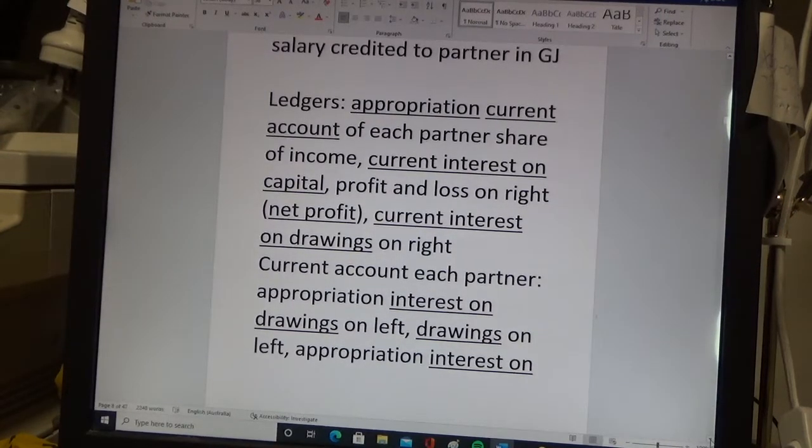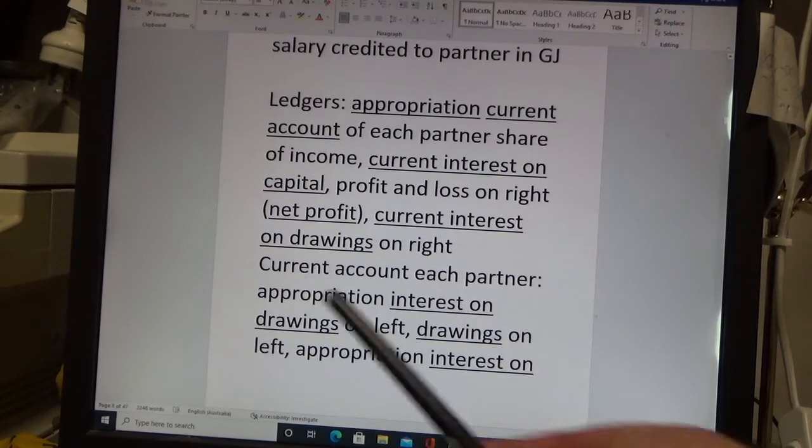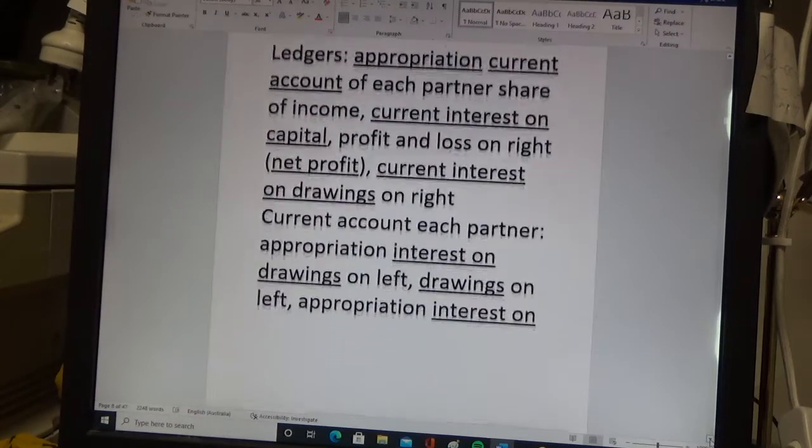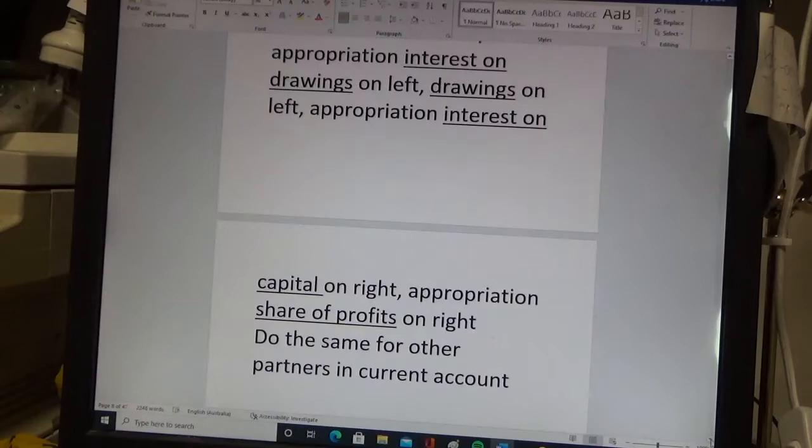The current account of each partner, profit and loss appropriation includes items such as interest on drawings on the left-hand side of the current account T-shaped ledger, drawings on the left as well, on the debit side. Also appropriation interest on the capital on the right side. See how it's labelled when you go through it yourself. I'm just trying to introduce this to you so it makes it easier for you.